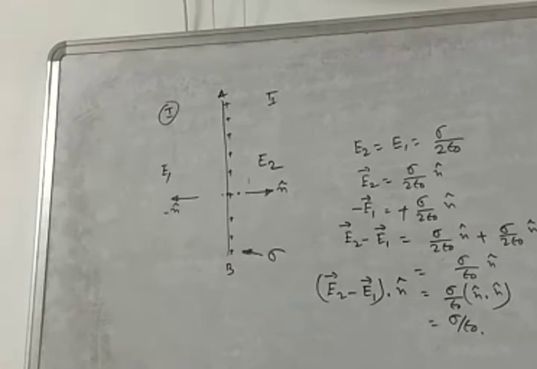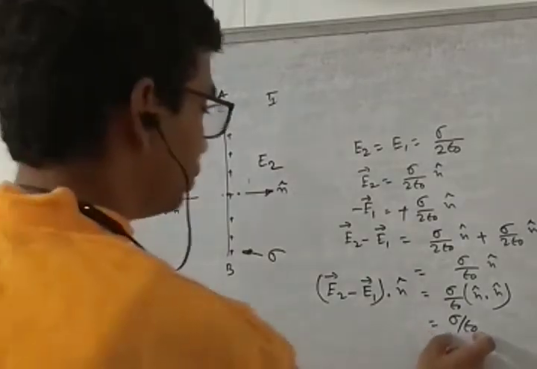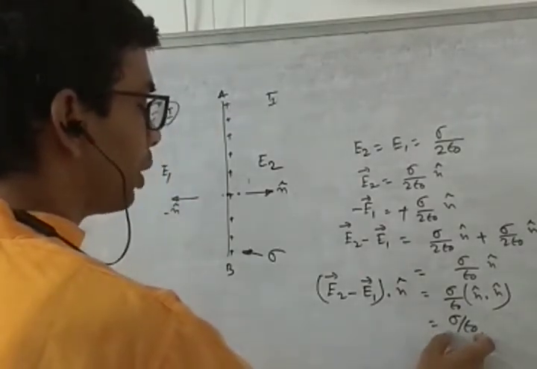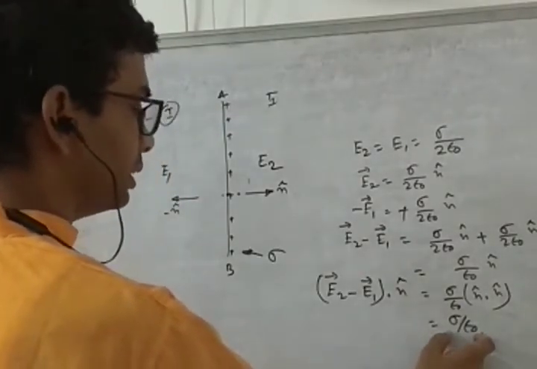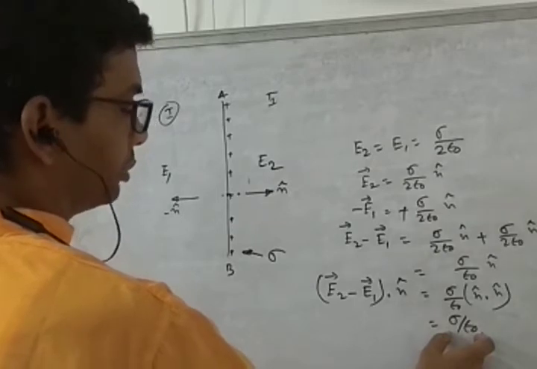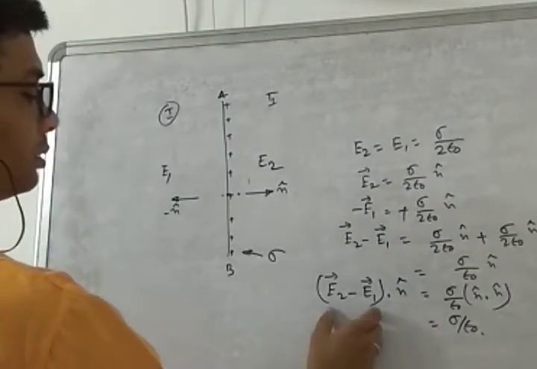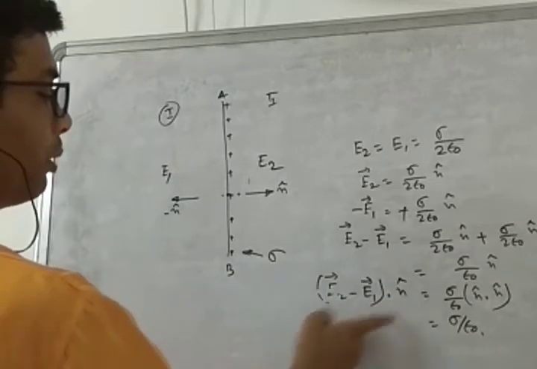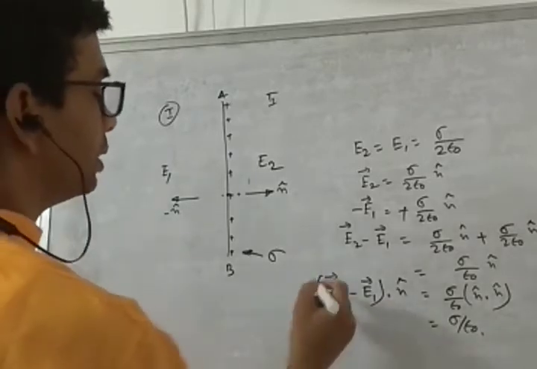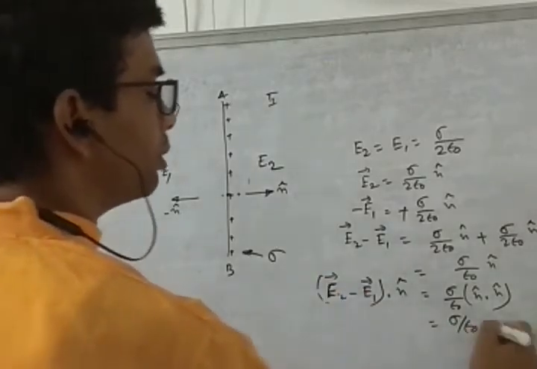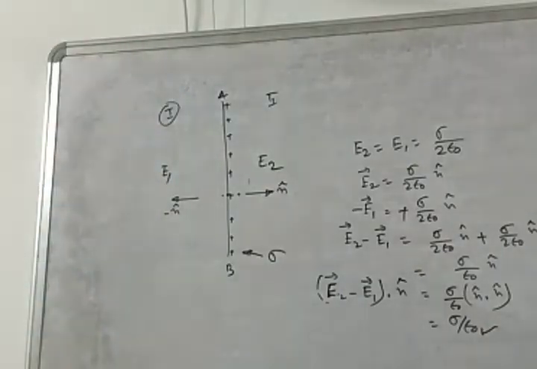If this were equal to 0, then you could say the normal component of the electric field is continuous. But since their difference dot n, the normal component, has the value sigma by epsilon naught, we can say the normal component of the electric field has a discontinuity.